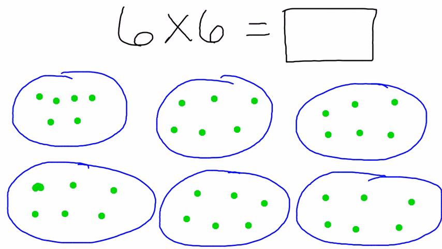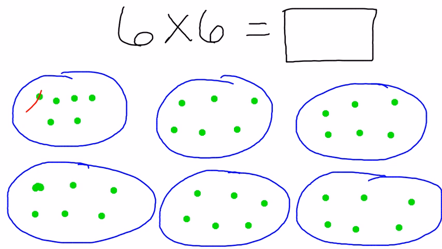Alright, now, to find out what our total answer is going to be, we need to count how many green dots there are. Alright, so let's just do a red line over each of the dots so we can count together.